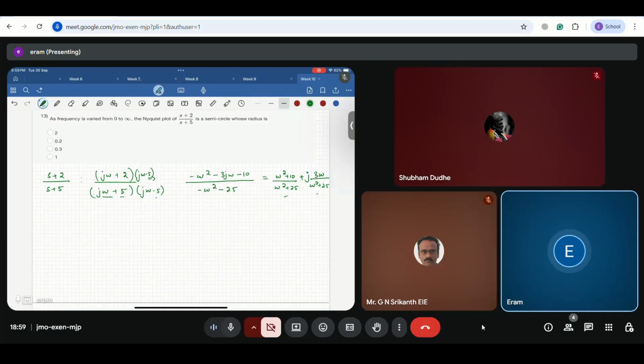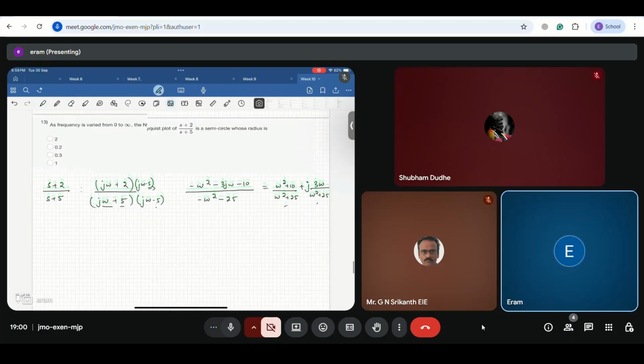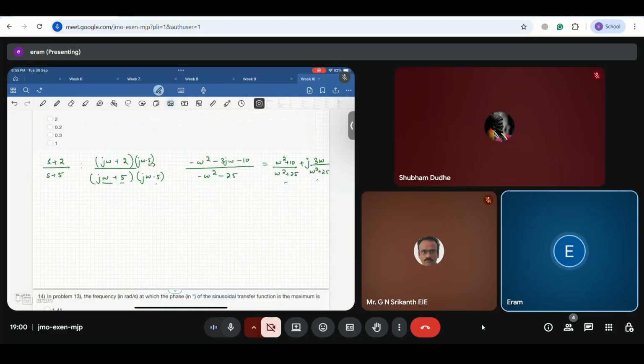Now we have the real and imaginary part with respect to omega. We can form our table. This is the real part and this is the imaginary part.